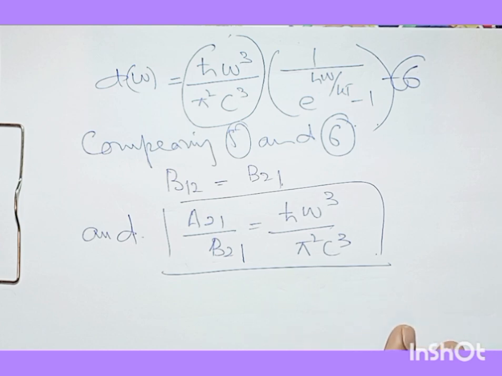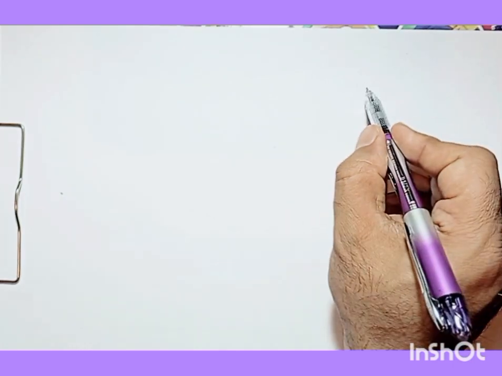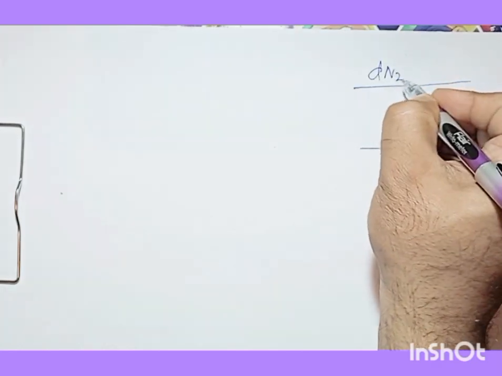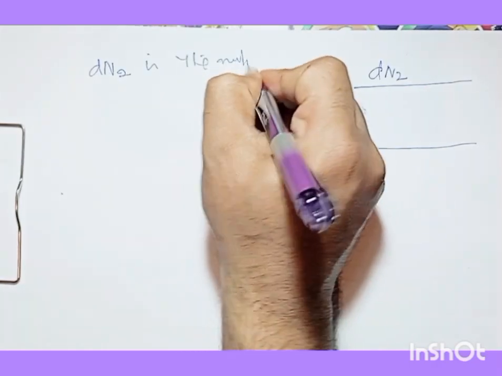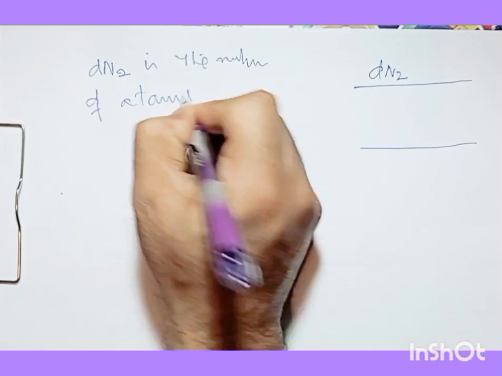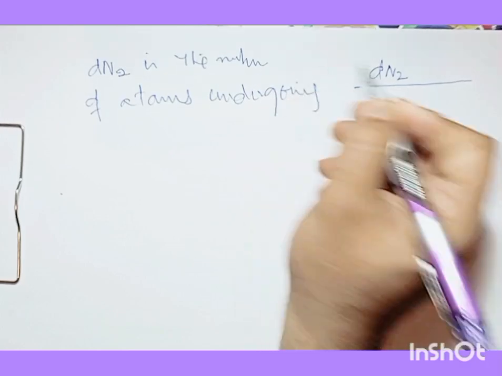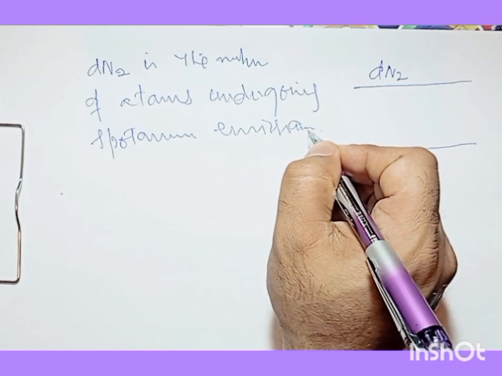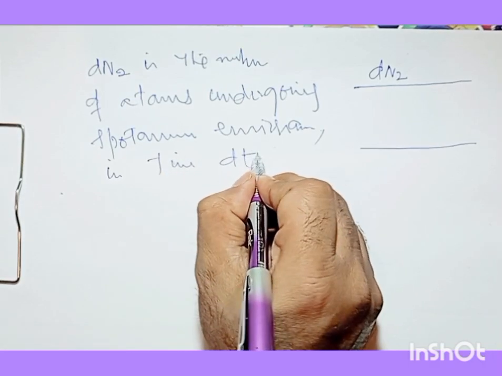And if we proceed from here, assume that there are n2 atoms per unit volume in the state 2, and dn2 is the number of atoms undergoing spontaneous emission in time dt.